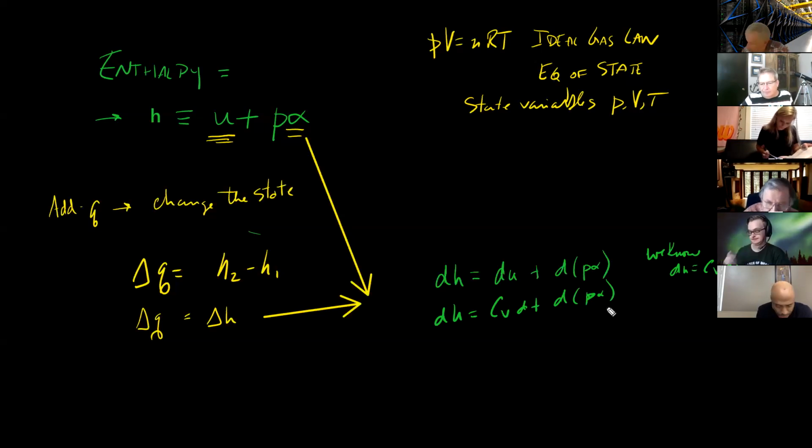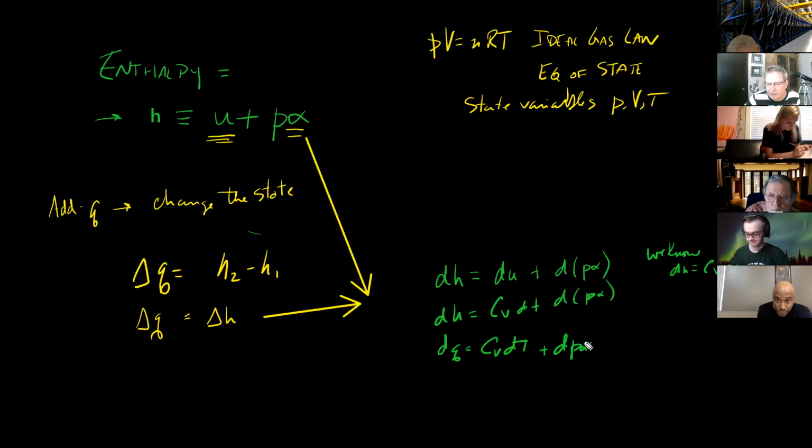dQ equals CV dt. I'm just going to write it down. Equals CV dt plus dP alpha minus alpha dp. And since I'm using color, which makes me happy, because I think sometimes this color stuff works.